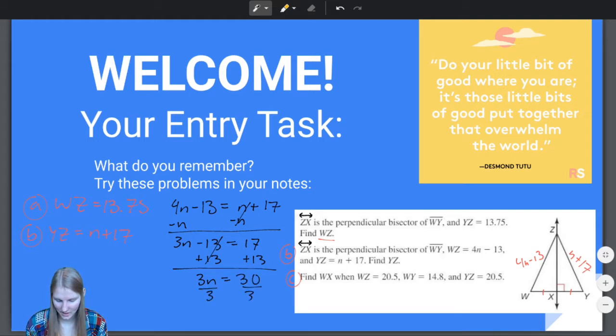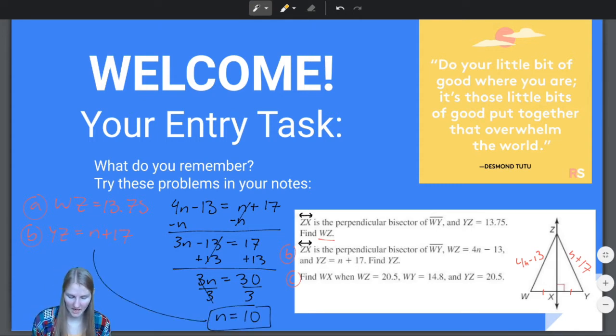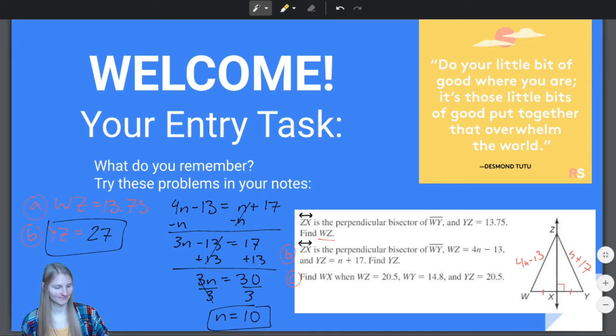And hey, divide by 3. That gives us that n is 10. So, if I plug in 10 for n, we have 10 plus 17, which is 27. So YZ is equal to 27.